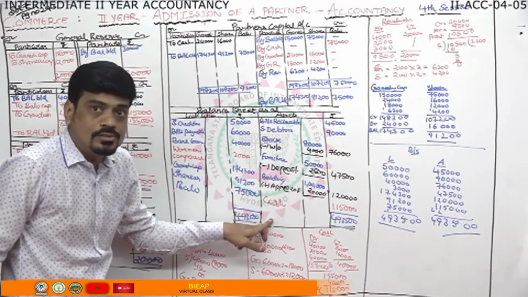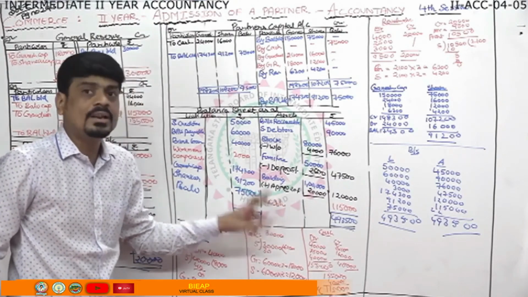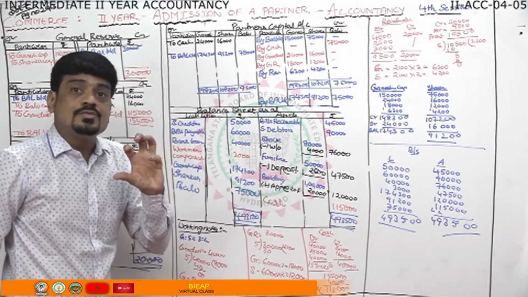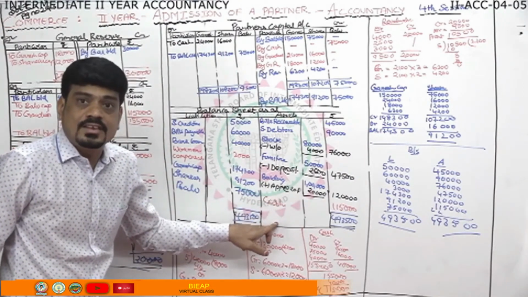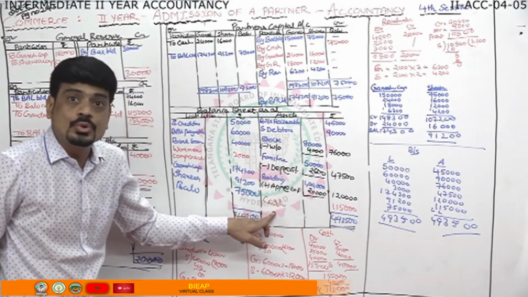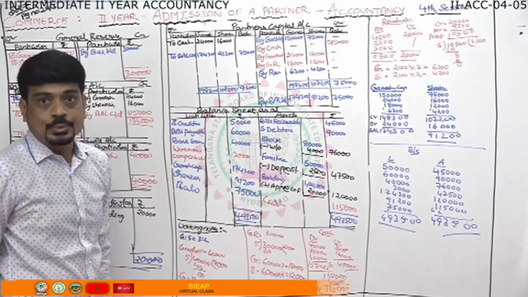As I told you the rule also, actually putting goodwill in balance sheet is not correct. But since our syllabus is modulated like that, we'll put goodwill in the balance sheet asset side. That I'm going to show you in the next session, how that goodwill is valued.